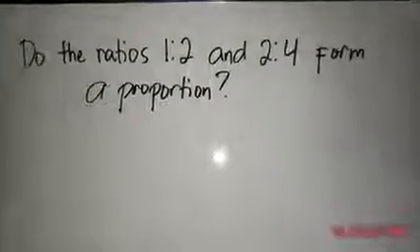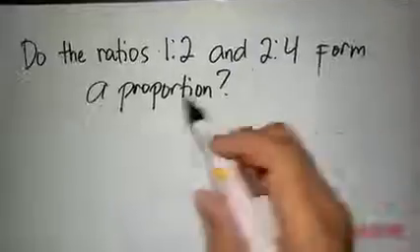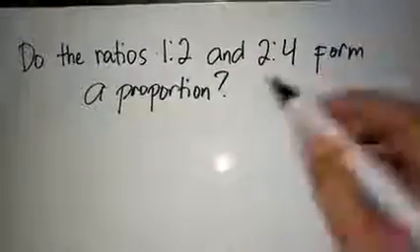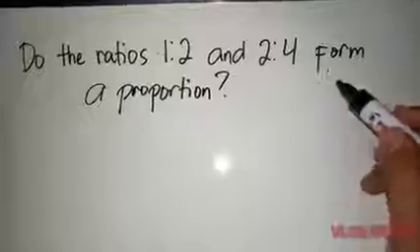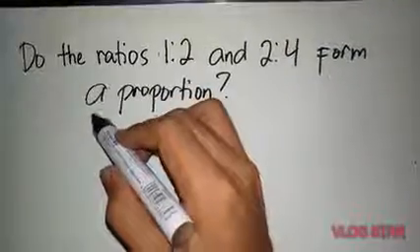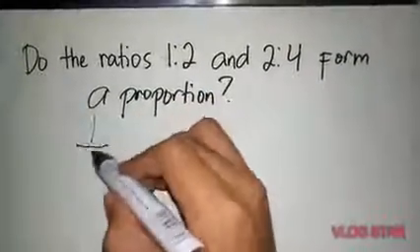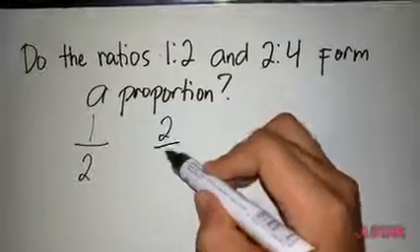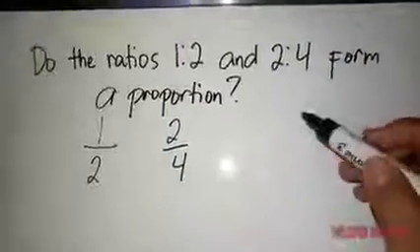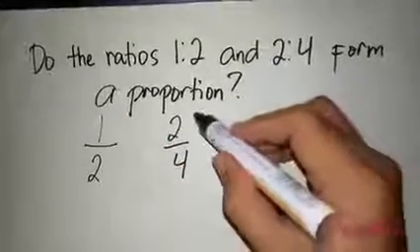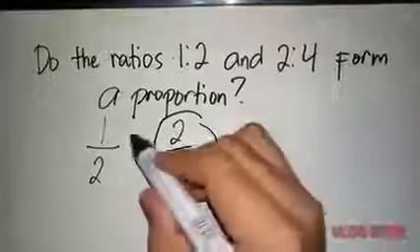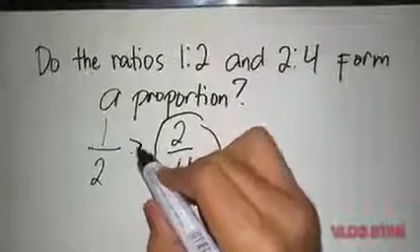Another example regarding ratios: do the ratios 1 to 2 and 2 to 4 form a proportion? Let's write it in fraction form, 1/2 and 2/4. If we simplify 2/4, the answer is 1/2.